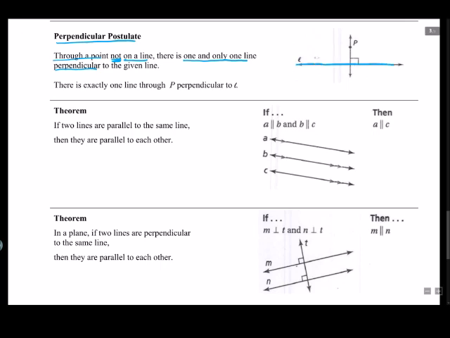So if we have a given line L and we choose a point P, we can draw exactly one line through that point that is perpendicular to line L. Exactly one line through P that is perpendicular to line L. So it just allows us to draw perpendicular lines, just like the parallel postulate allowed us to draw parallel lines. So very useful when we need to draw a line.